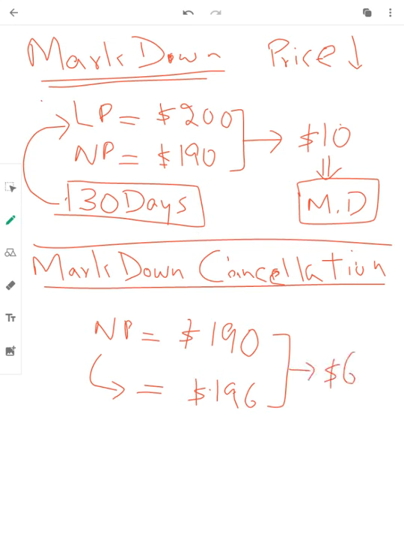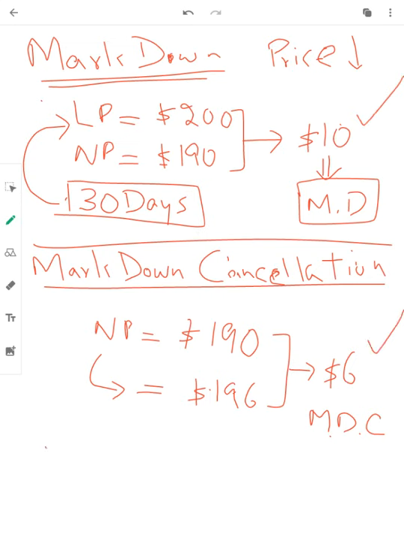This $6, ladies and gentlemen, is called markdown cancellation. Okay, MDC, markdown cancellation. So it was supposed to go back to $200, but I only decided to take it to $196 because of some reason, the business situation or business environment changed. So that's the markdown, and this one is the markdown cancellation.